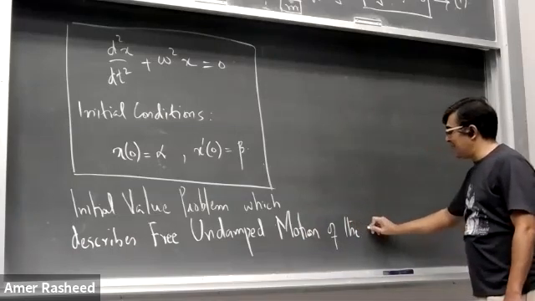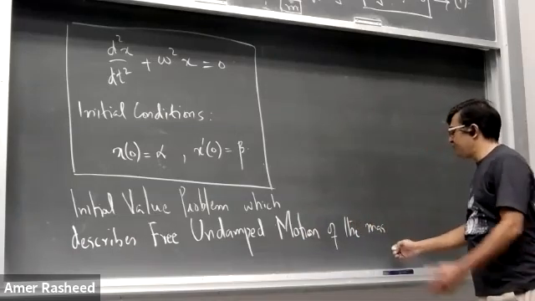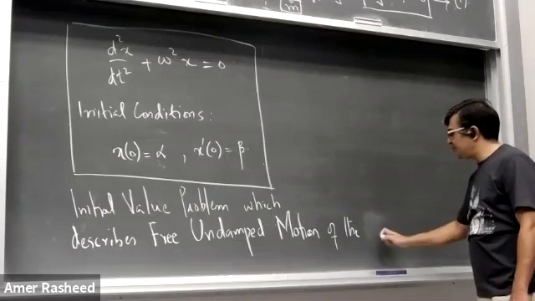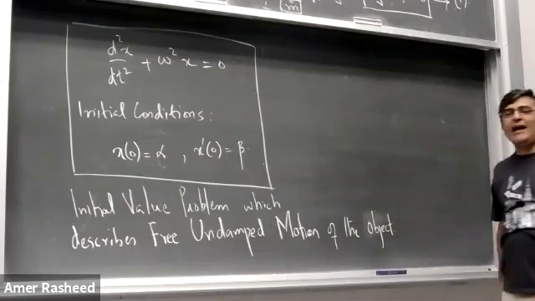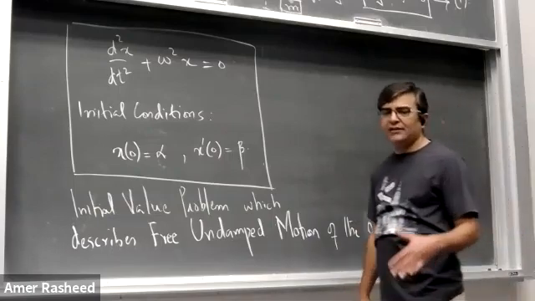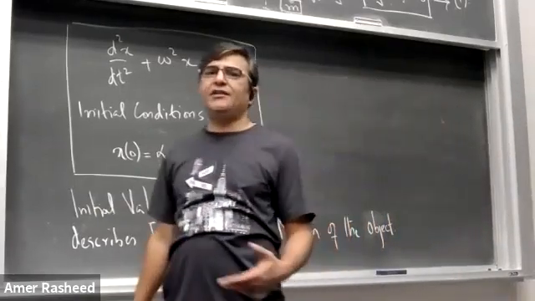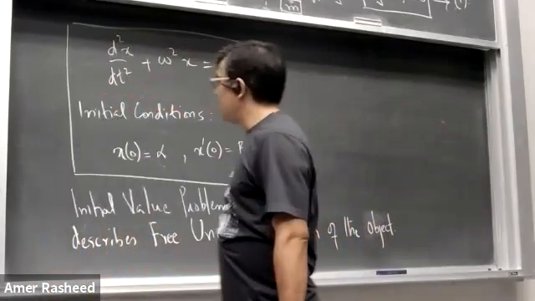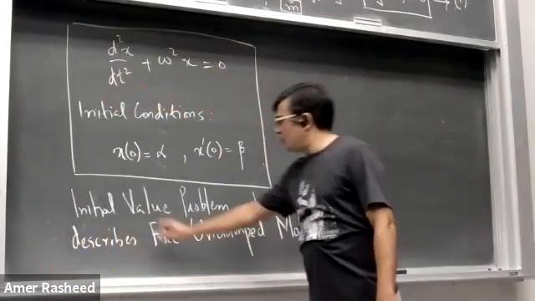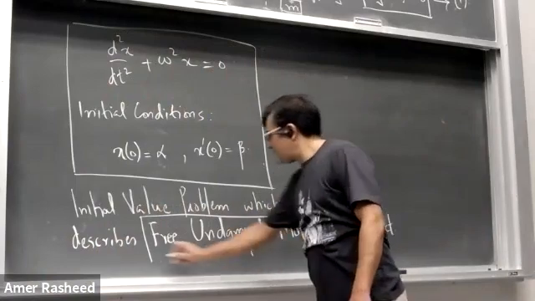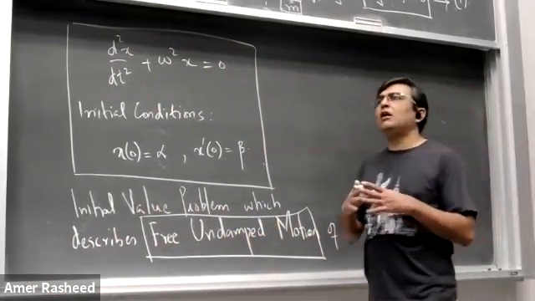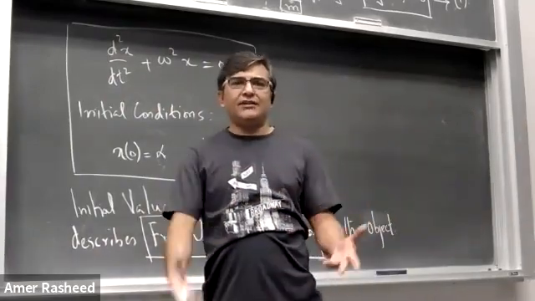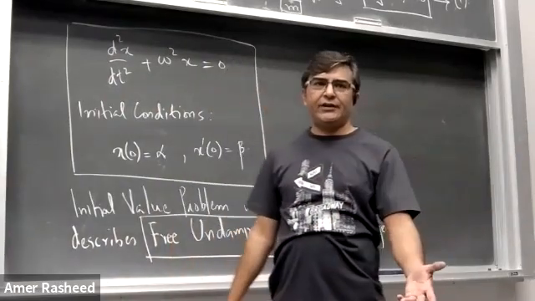So of the mass of the object, you can say, attached to that spring, and the mass of that object is m. Now, what is this free undamped motion? Free undamped means there are no frictional forces acting on the motion of that object.